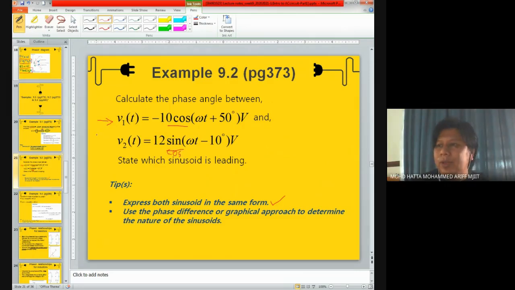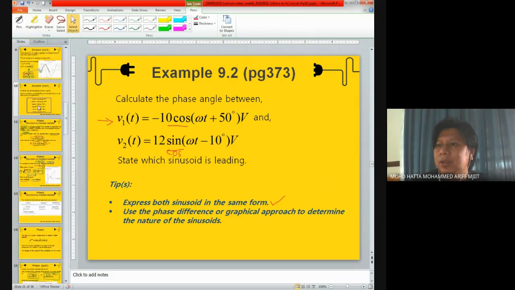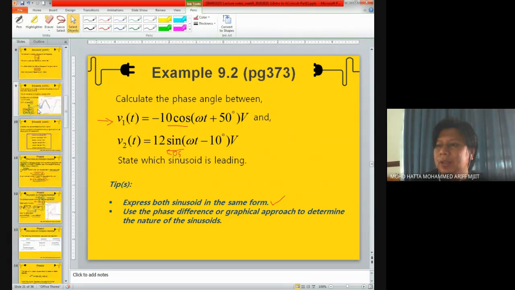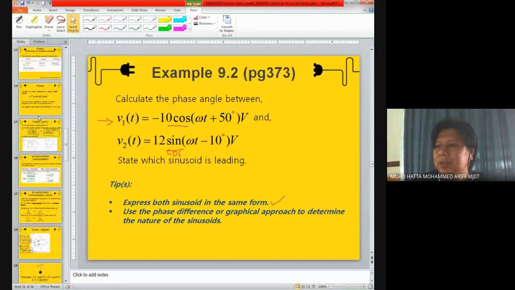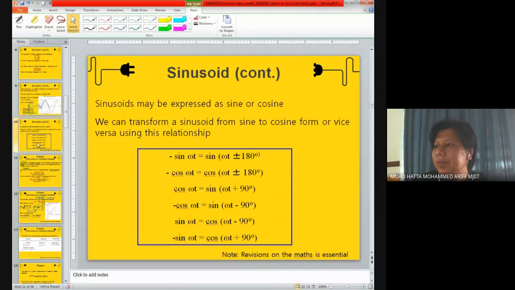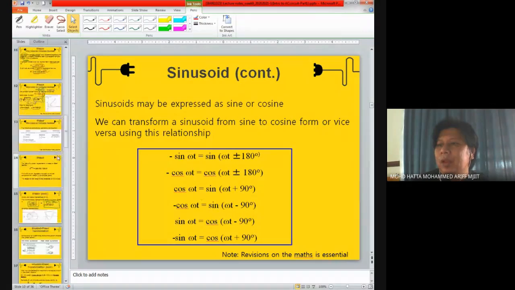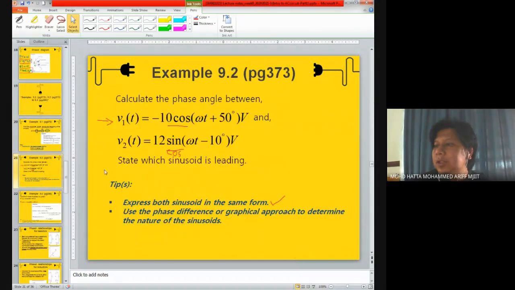And how do you convert it? By using the mathematics that I showed earlier, using this relationship. And if you consider this one as your reference, you might need to convert this cos into a sine function.